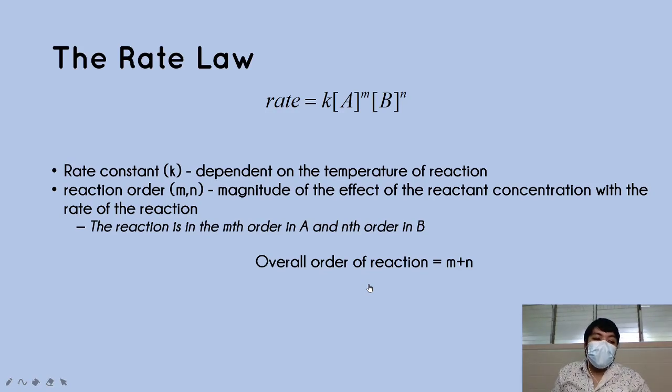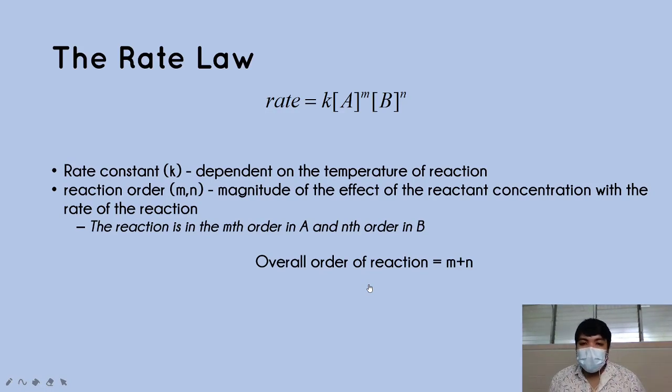That is why, when you're conducting experiments in chemical kinetics, it is really important to maintain the temperature of your reaction at a constant value, whatever value you're trying to examine the reaction with.